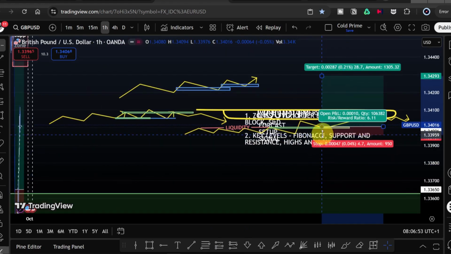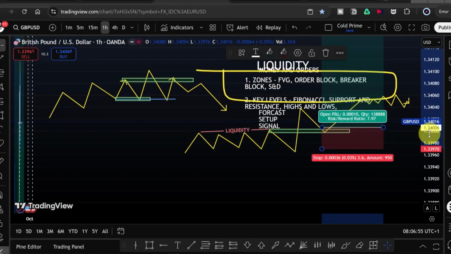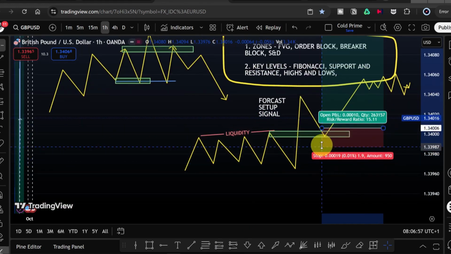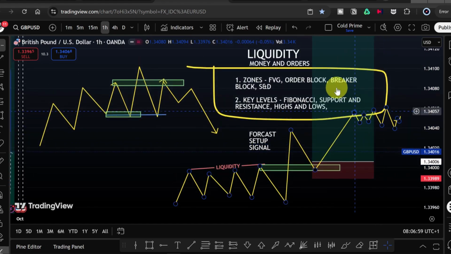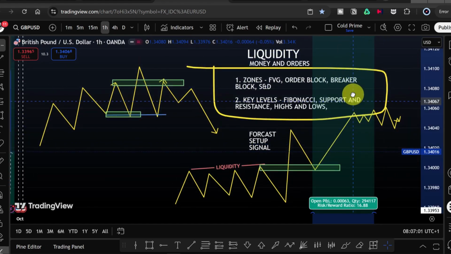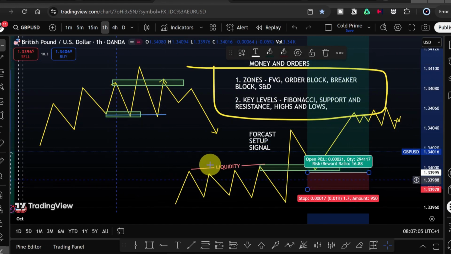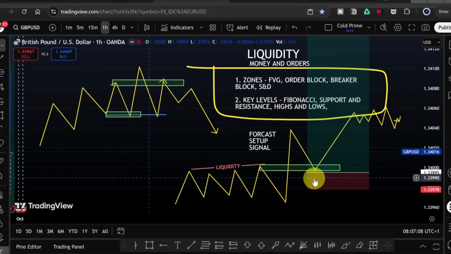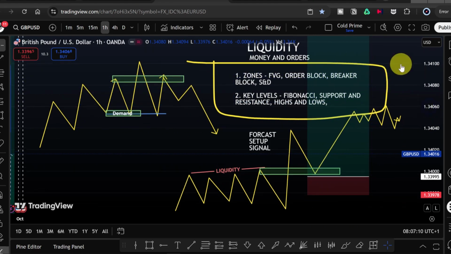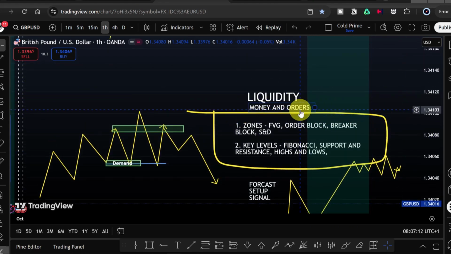Stop loss below maybe that breakout block or whatever, and then you aim for a 1:1 or 1:2 or whatever. Okay, so this essentially is how liquidity works. This is how liquidity influences the market.